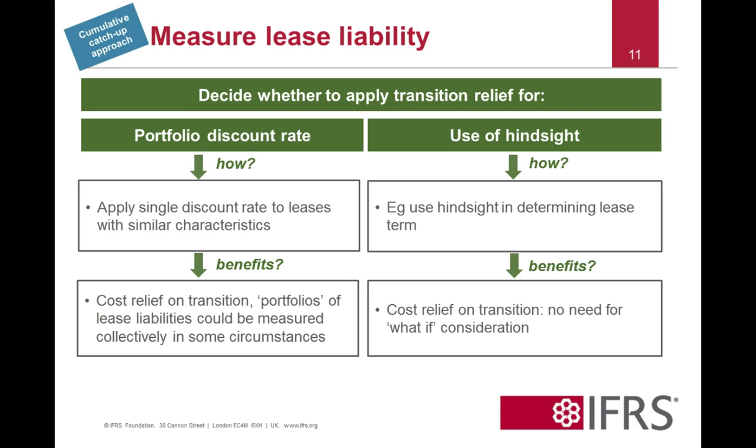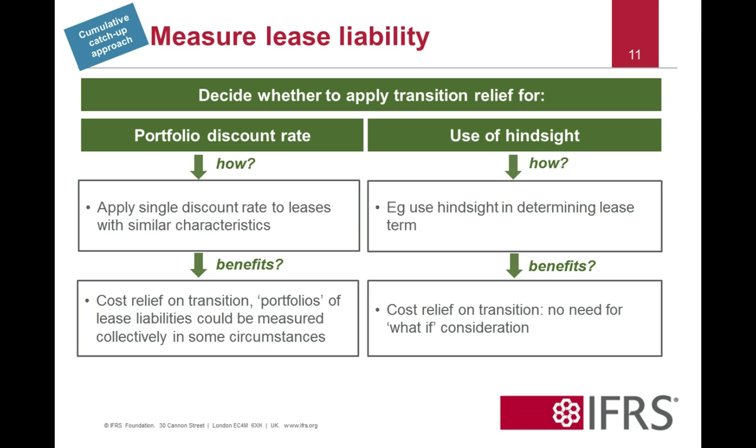Now, at the time of entering into the lease, the lessee wasn't reasonably certain to terminate, so it treated the lease as a 10-year lease. Now, by the time it transitions to IFRS 16 on the 1st of January 2019, something has changed, and the lessee is now reasonably certain that it will terminate the lease.